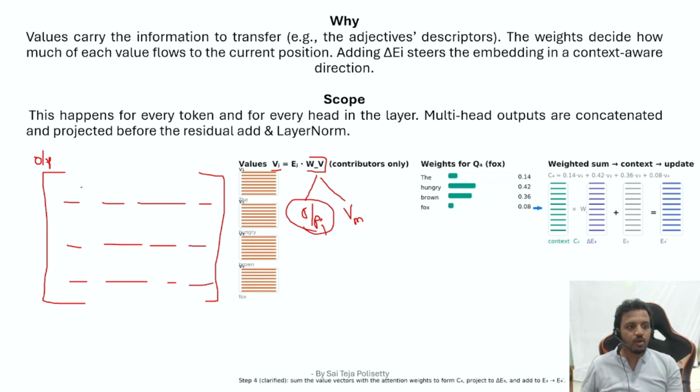Each head will have its own output matrix. All the output matrices of all heads together form the output matrix. So let's say you are dealing with head 1, so you will get the output matrix of head 1, and you will have your own matrix.